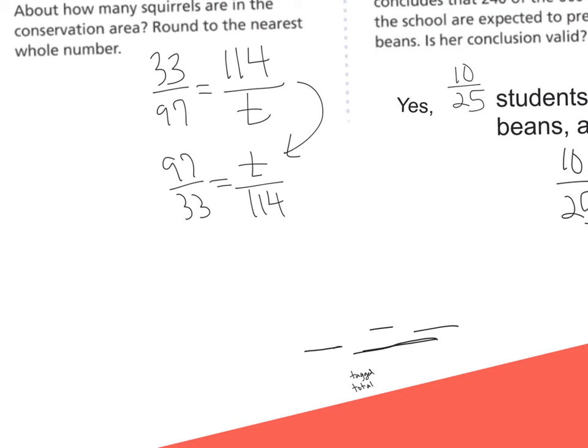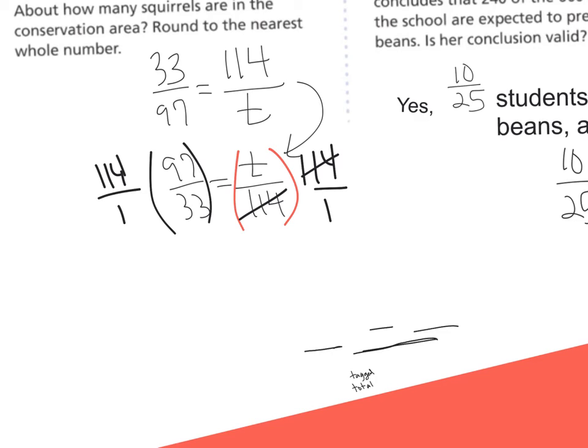The advantage of this is if I don't have a calculator to find a pattern, if I get the variable in the numerator, then I can say the variable is being divided and I can multiply. Now there may very well be a pattern here, but this will always work. If you get the variable in the numerator, you can always work it out this way.